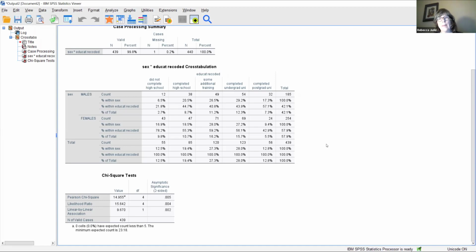So what would we expect versus what did we observe? Because what we observed differs significantly from what we would expect, we have some type of meaning going on here between the gender and the educational attainment. Any questions?